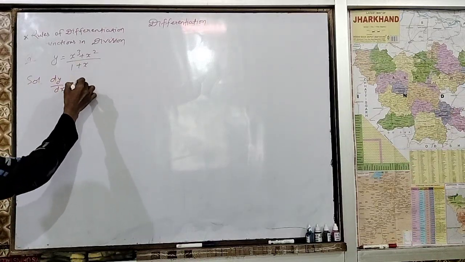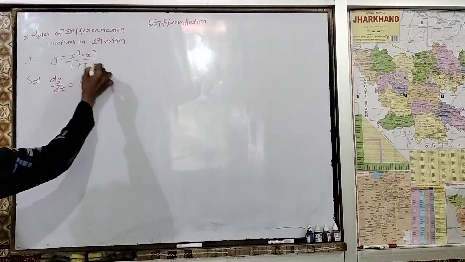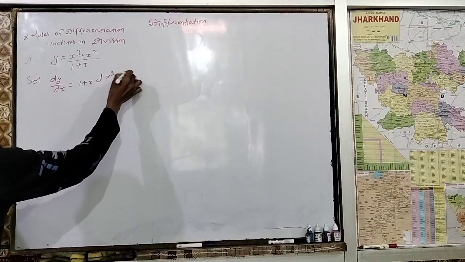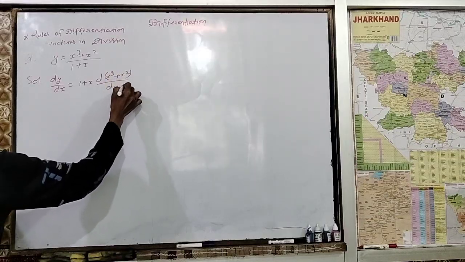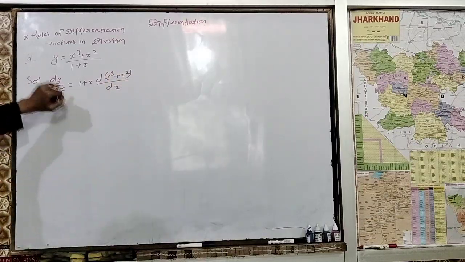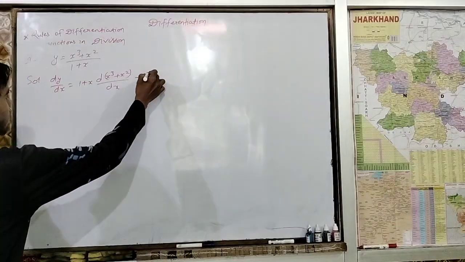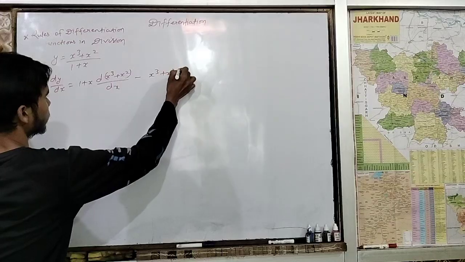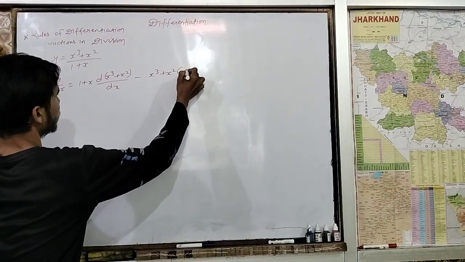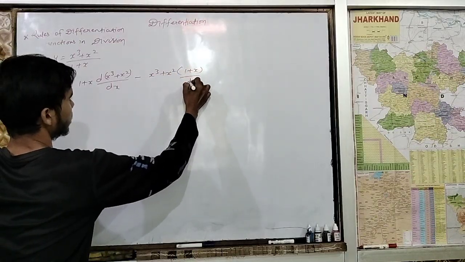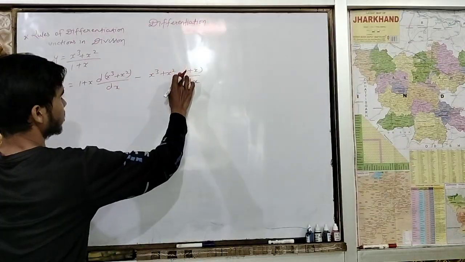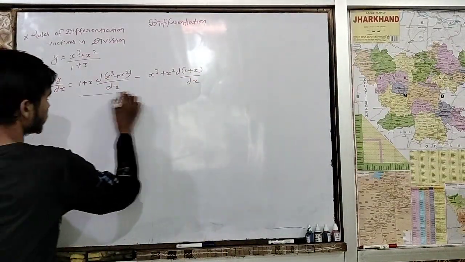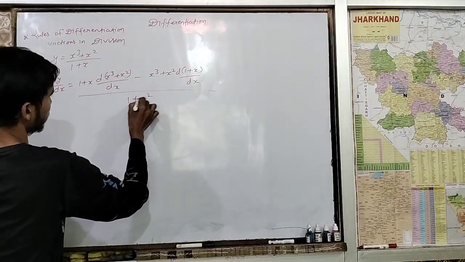This as it is, differentiation of this u, x cube plus x square upon dx, because in the denominator we have this. Next, minus x raised to power x square, (1 plus x) upon dx, differentiation of this, upon (1 plus x) square.